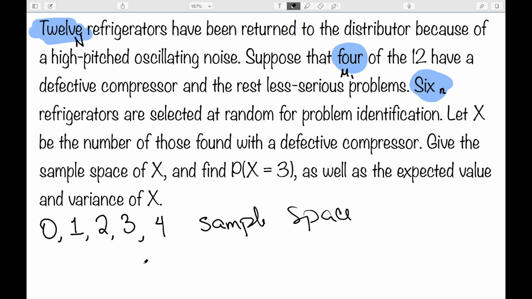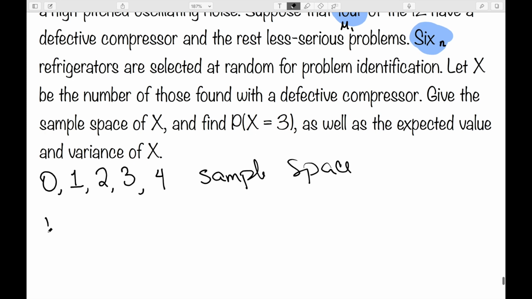The next thing I want to find is the probability that x is equal to 3. We said m1 was equal to 4, so we're going to do 4 choose 3. We then have the rest. If 4 out of 12 had a defective compressor, 8 did not.